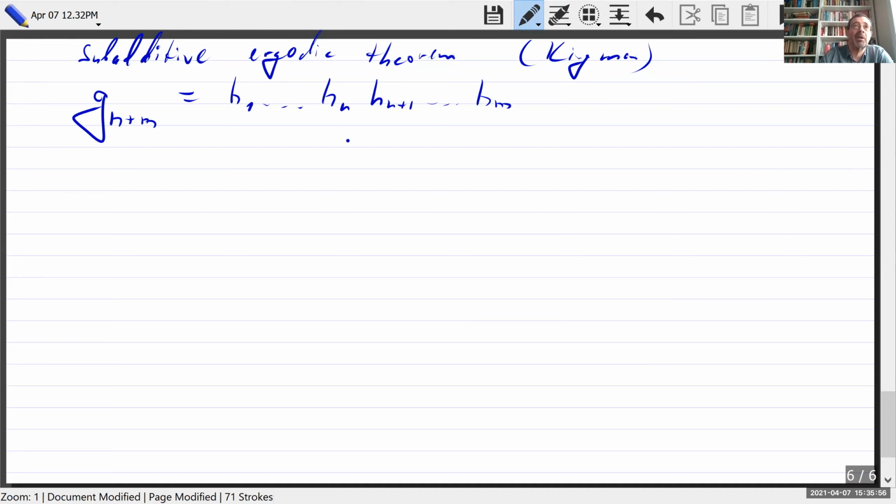If I want to find the distance from this product to the origin, that's the norm induced by my left invariant metric, then by the triangle inequality it won't exceed the length of the product of the first n increments plus the length of the product of the remaining increments.